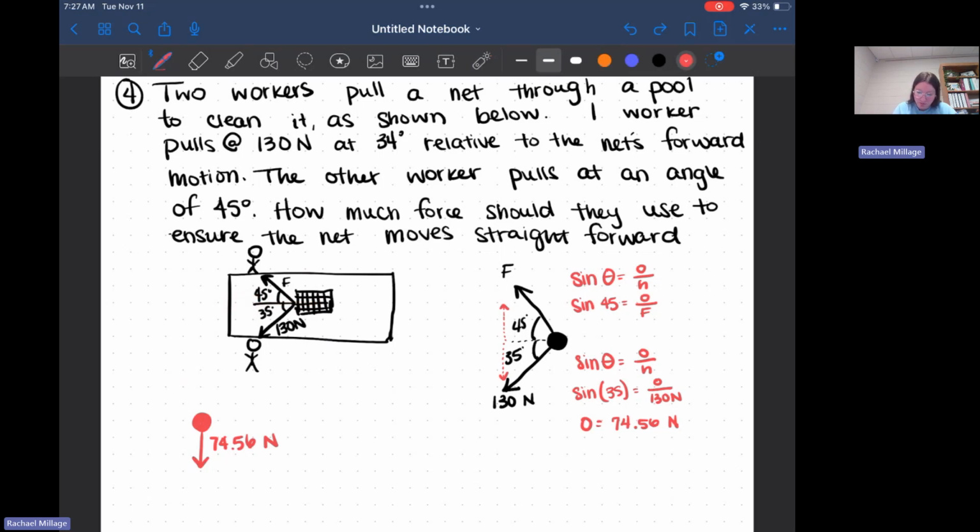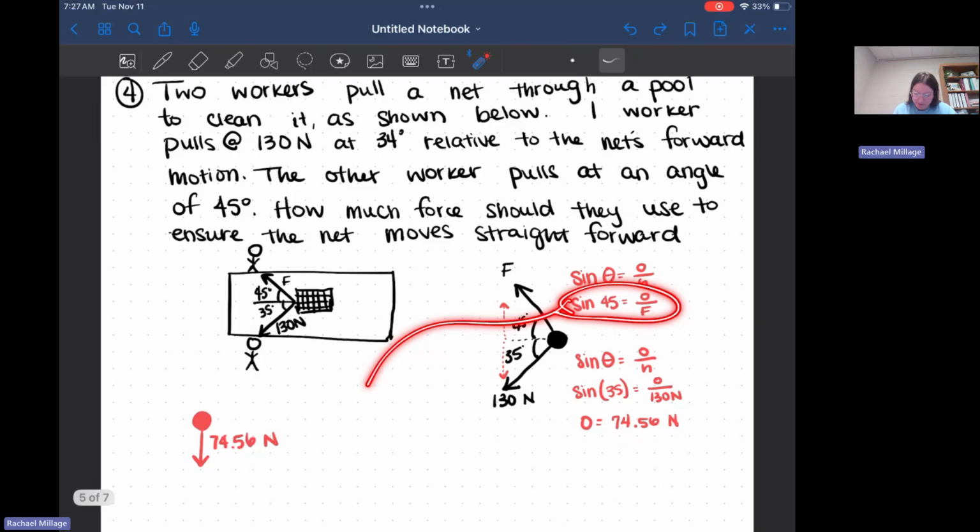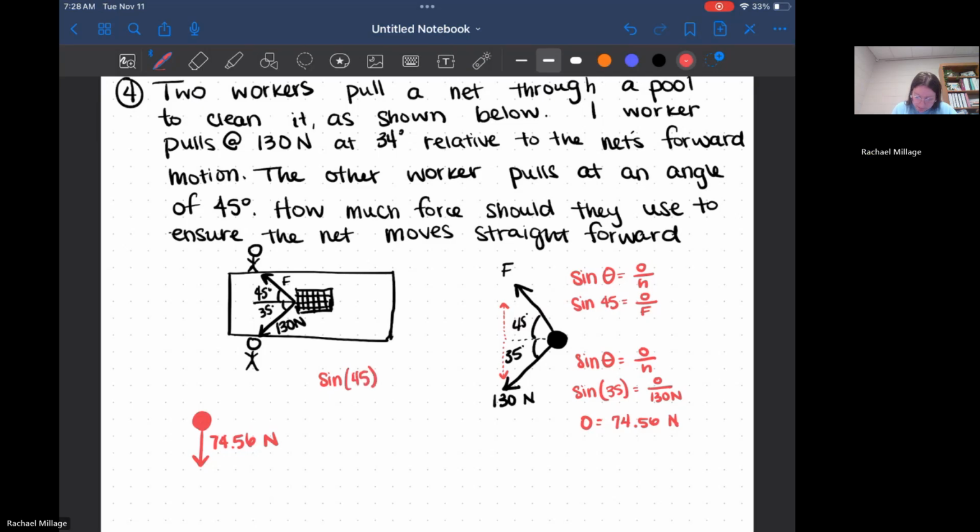So I'm going to move this. I'm going to start over here. So sine of 45 degrees equals 74.56 newtons over my force.